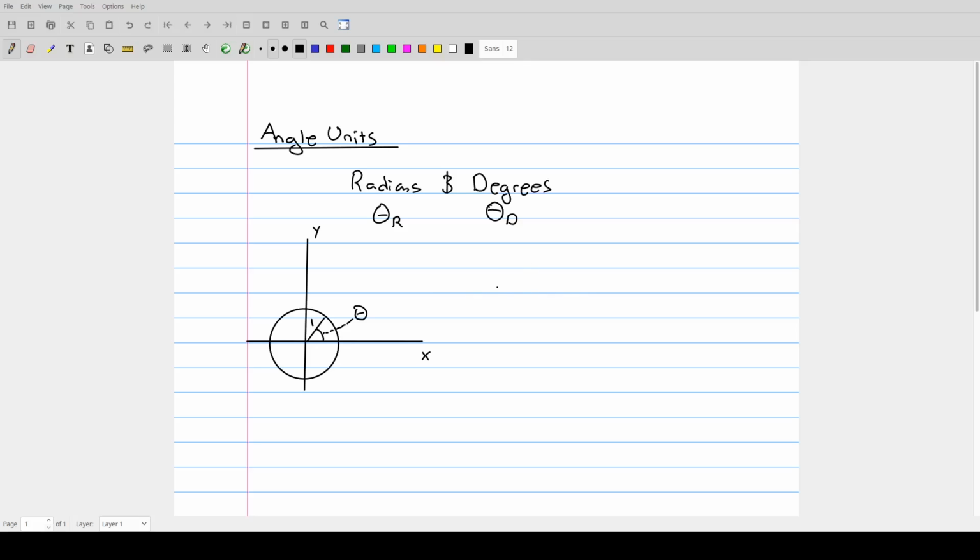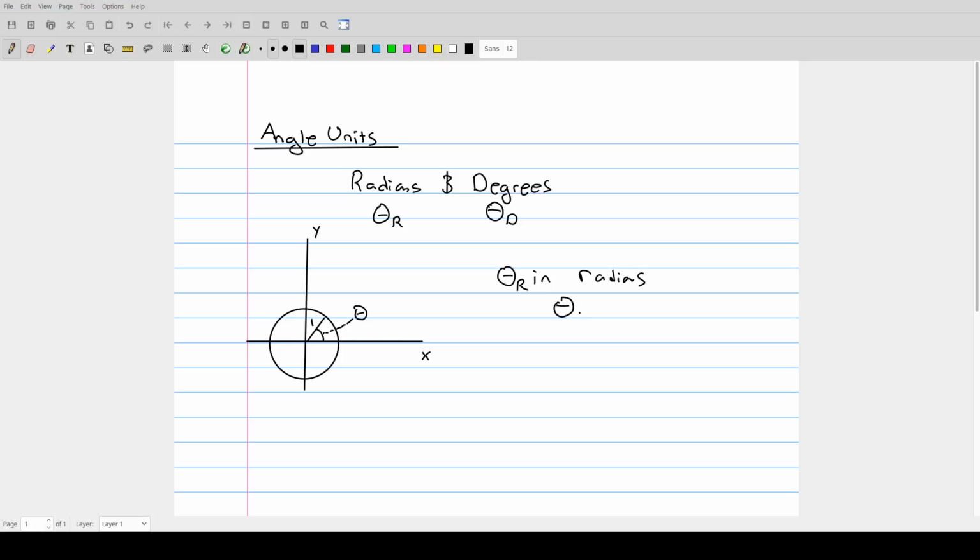So if we measure an angle theta in radians, this angle theta, or theta r, is essentially telling you how far around the circle you're moving.